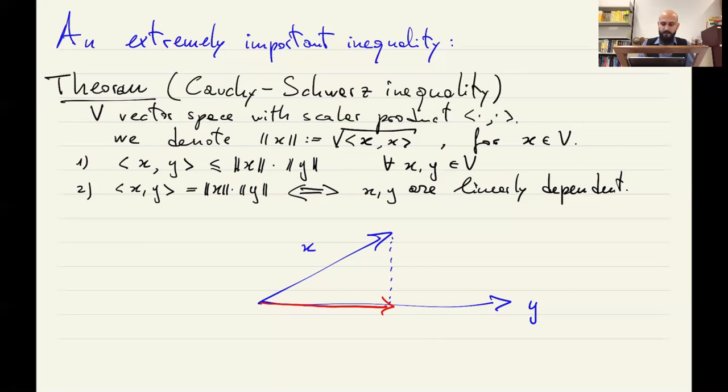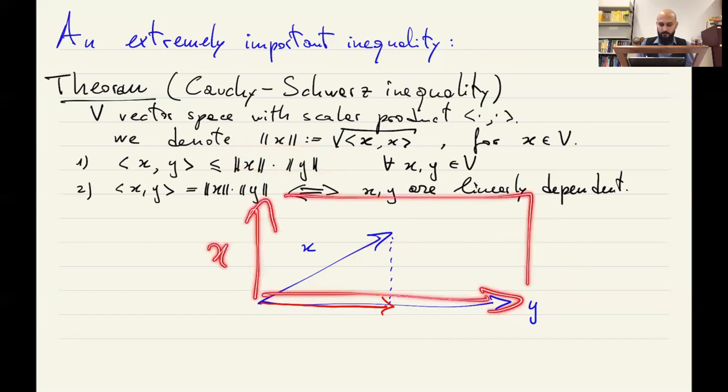So it will be maximal when the two vectors are collinear. Otherwise, it's going to be less than the area of the parallelogram, which is this object here, the area formed by x and y.